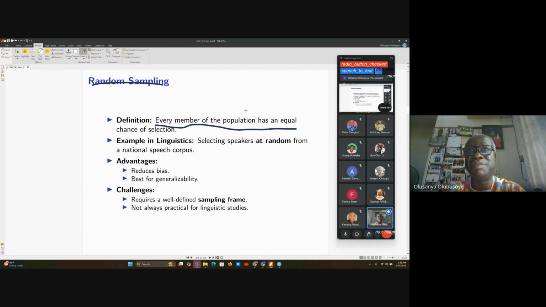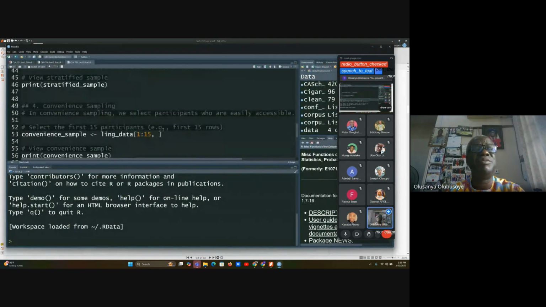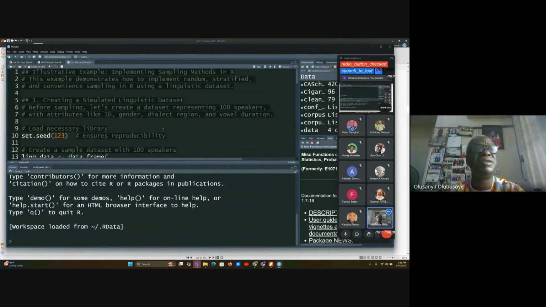But everybody will participate. So the real thing, you have an example here: if you select speakers at random from a national speech corpus, I have an example here, which I'm going to demonstrate.